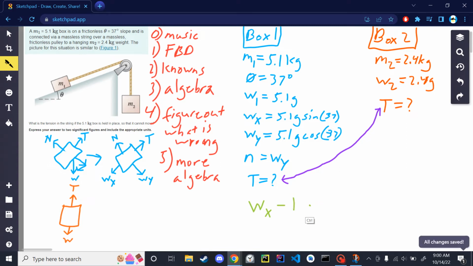Wait, no. Tension minus Wx is equal to W minus tension. Yes? Okay, you know what? I'm going to run with it.